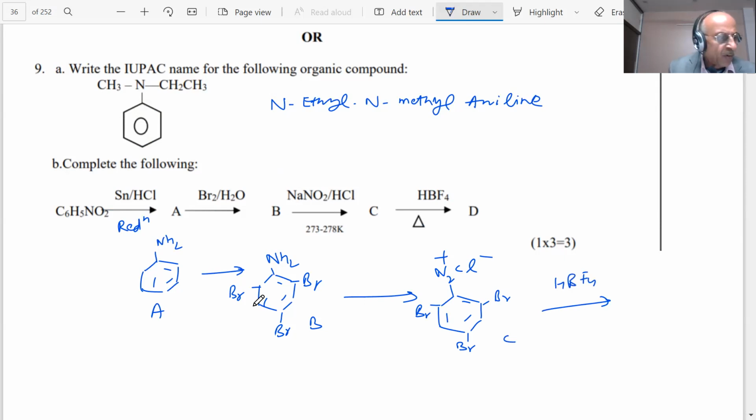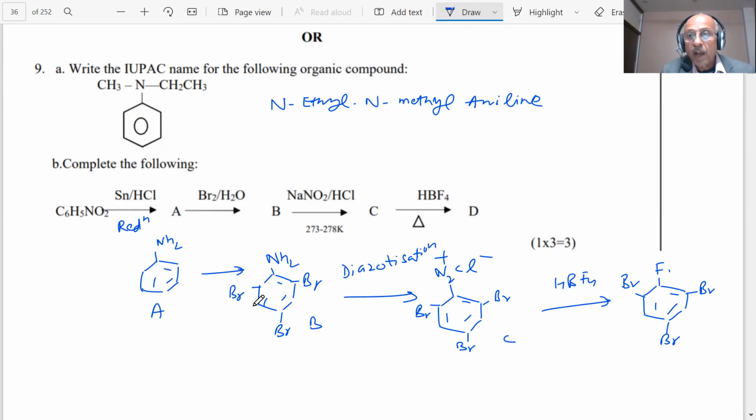And you have HBF4. So fluoroboric acid, you already know, students, what type of reaction is this. So Balz-Schiemann reaction. You have studied Balz-Schiemann reaction is used to prepare fluoro compounds. What do you get? Aryl fluorides cannot be prepared directly because it is a very violent reaction. They are prepared by this HBF4 fluoroboric acid after diazotization. So this is diazotization, and this is what we say fluoroboric acid.